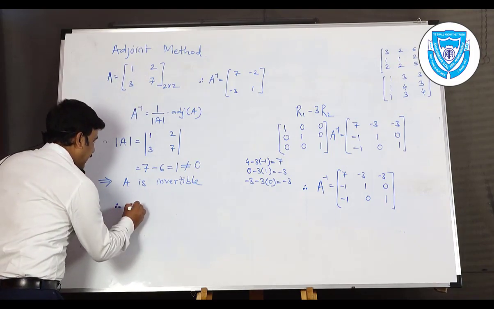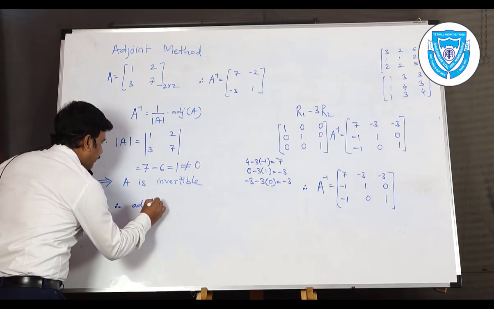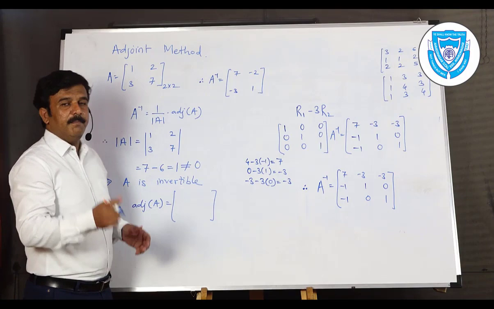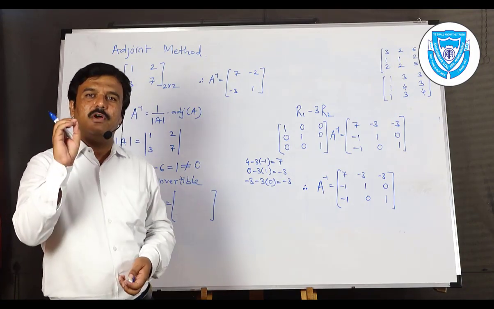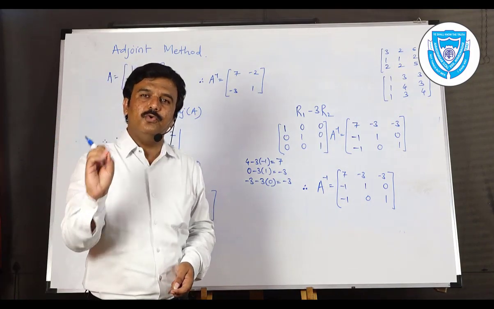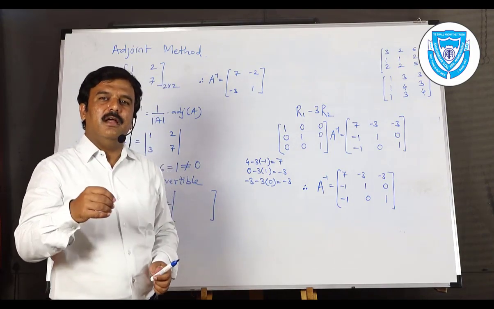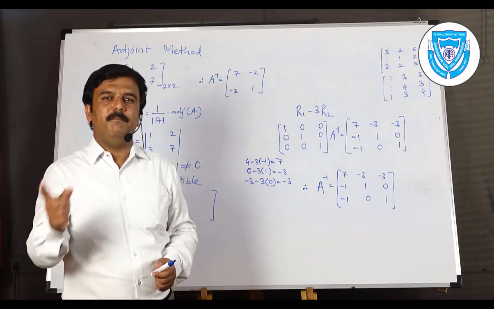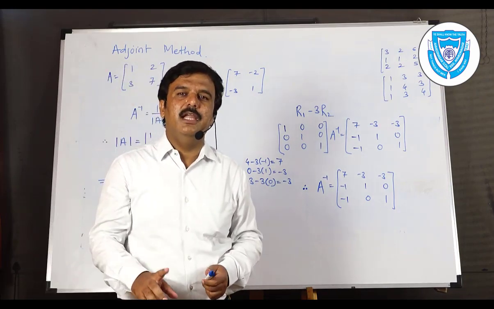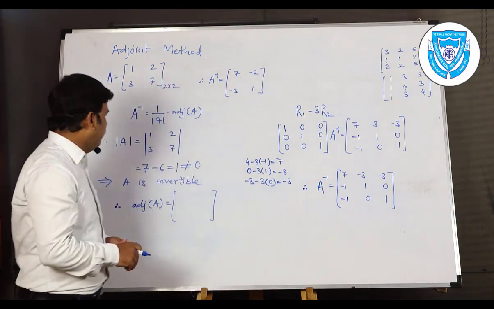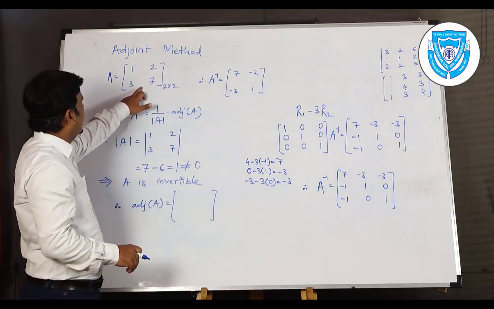Please remember this, in case of a matrix of order 2 cross 2 only, it is that simple. But in case of a matrix of order 3 cross 3, we'll have to go through some steps that we will discuss later on. So before that, concentrate on this matrix capital A.